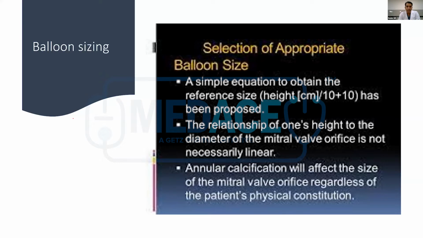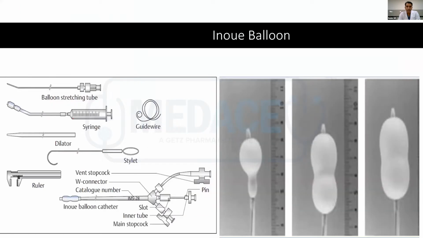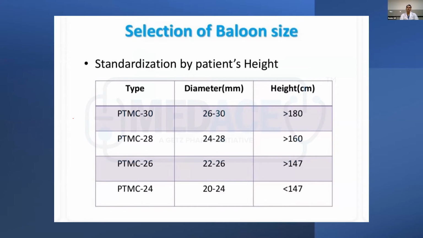Now in the PCR textbook, there is another standardized selection of balloon size. If the height is more than 180 centimeter, they take a balloon of 30 and do staged inflation from 26 to 30.